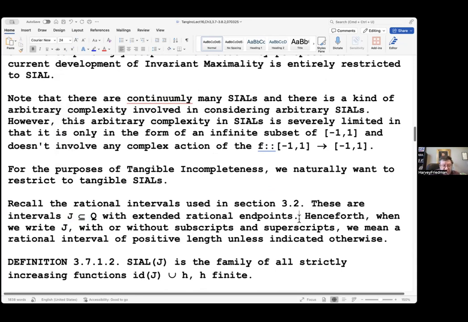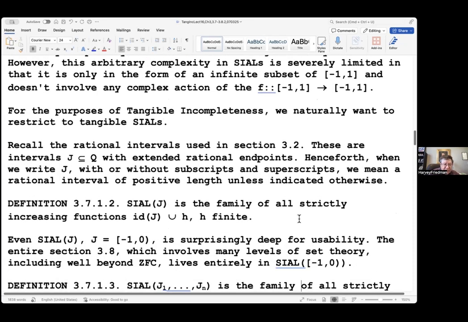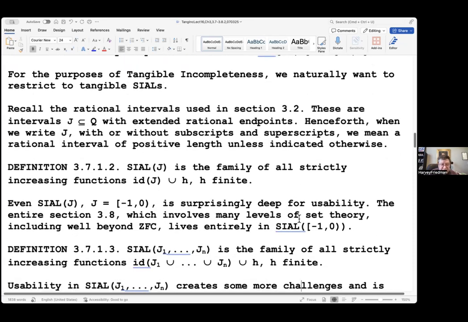Henceforth, when we write J with or without subscripts and superscripts, we mean a rational interval of positive length, unless indicated otherwise. So there are no degenerate intervals unless indicated. So psi L of J is the family of all strictly increasing functions ID of J union H, where H is finite.